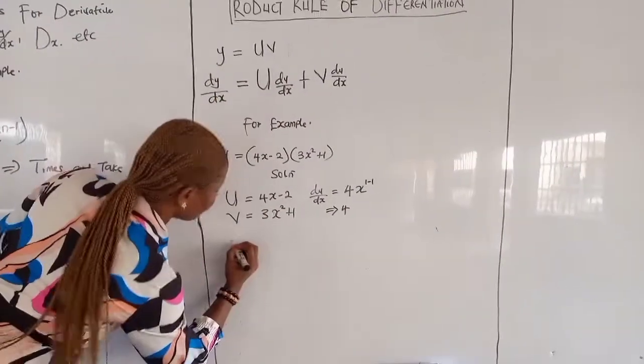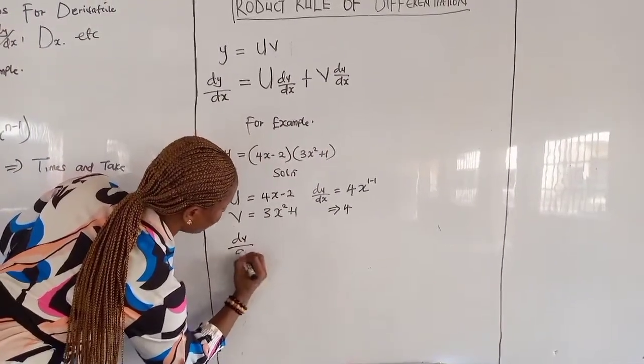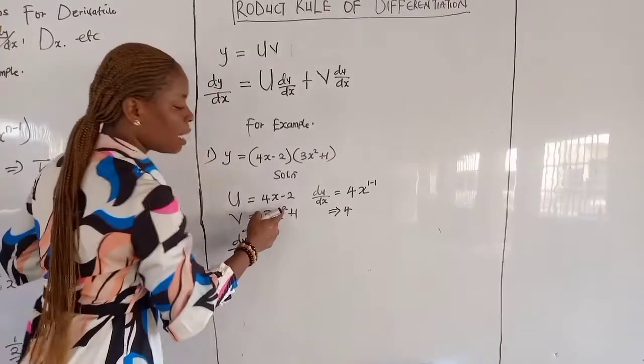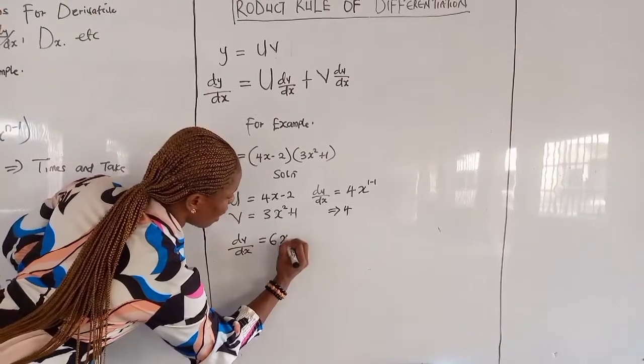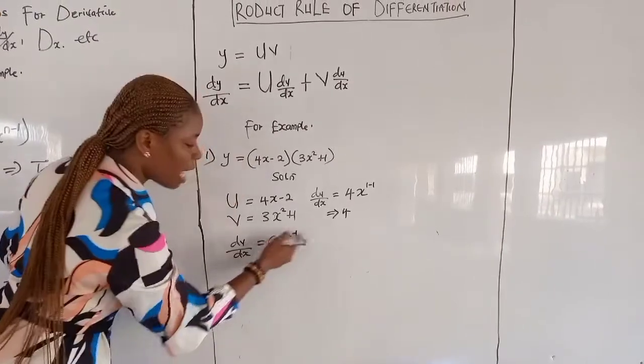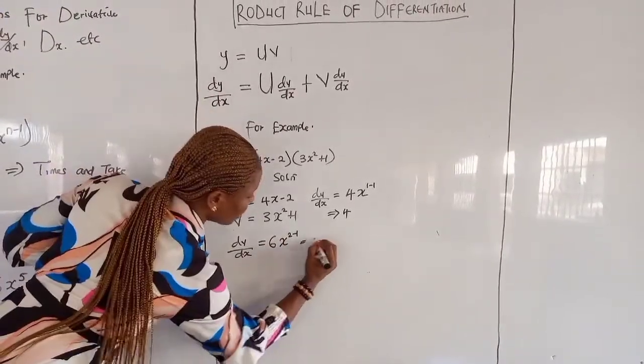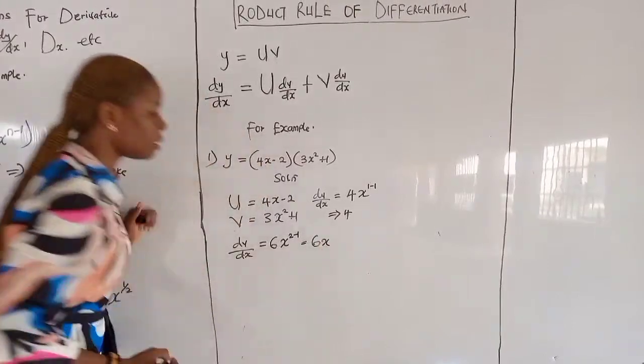And I can also have that my dv/dx is, the power here is 2. So multiply with the coefficient, I have 6x into 2 minus 1, and 2 minus 1 is 1. So my answer will be 6x.